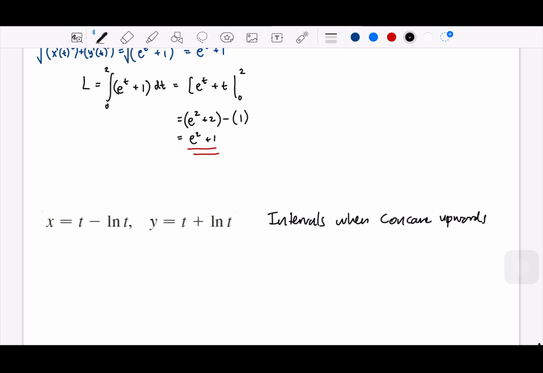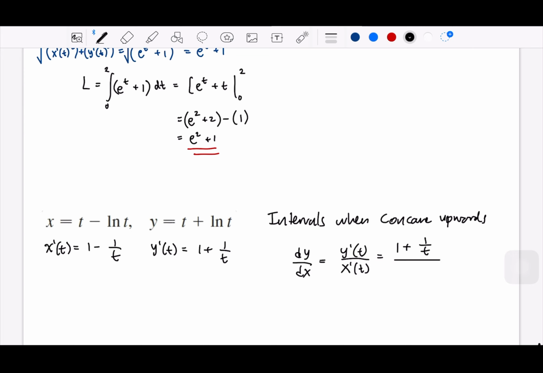So we start by taking each of these and differentiating with respect to t. And then dy/dx is 1 plus 1 over t, divided by 1 minus 1 over t.